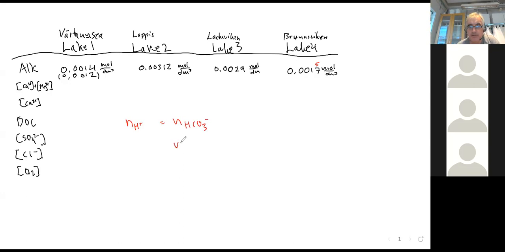So then you had the volume times the concentration and the volume times the concentration. If this is in milliliter and this is in milliliter, then they cancel. And the unit of the hydrogen carbonate will be the same as the unit of the concentration of the acid. Oh, okay. Yeah, makes sense. Yep.